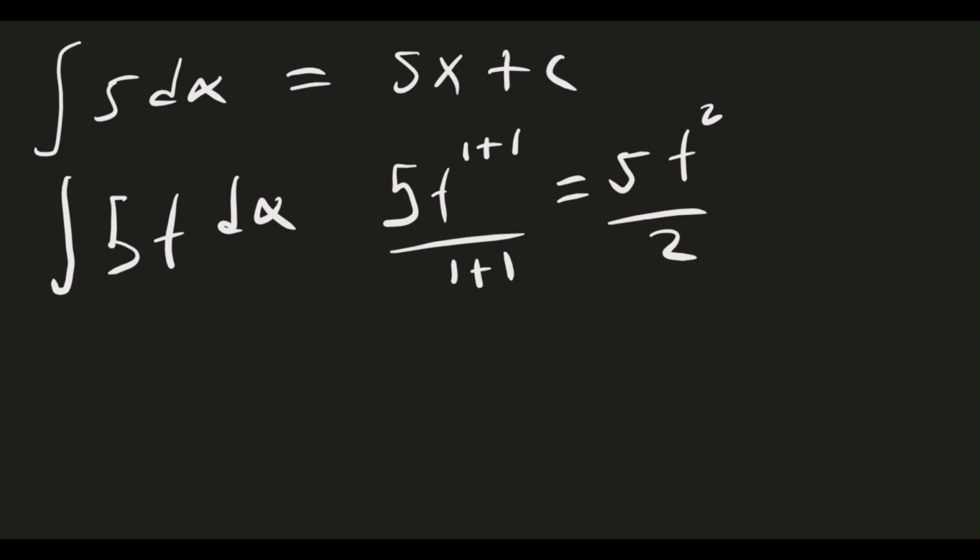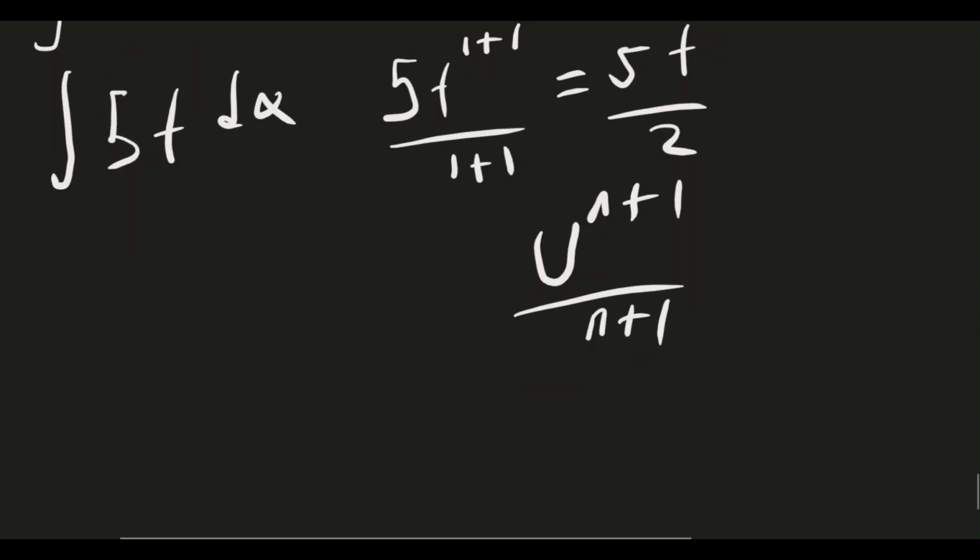So the power rule says that if you have a variable raised to the power of n, you are going to add 1 to that power and divide by that power plus 1. In this case, the variable is t, and 1 here is the power of t, and this one is what we added to the power.